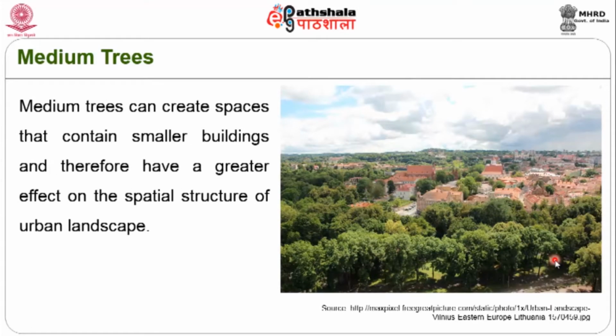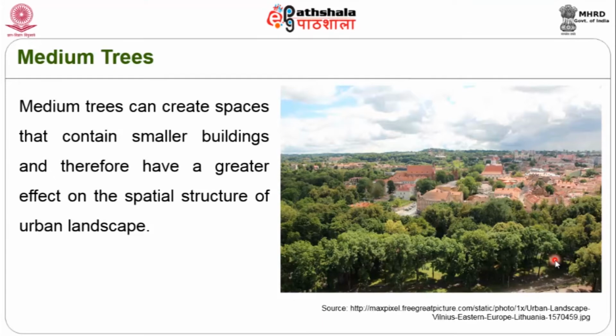The medium height trees can create spaces that contain smaller buildings, and therefore have greater effect on the spatial structure of the urban landscape. Earlier we saw that small trees are just accompanying the building, and they look as though they are with the building.